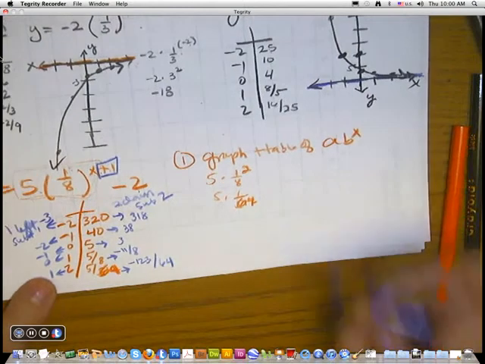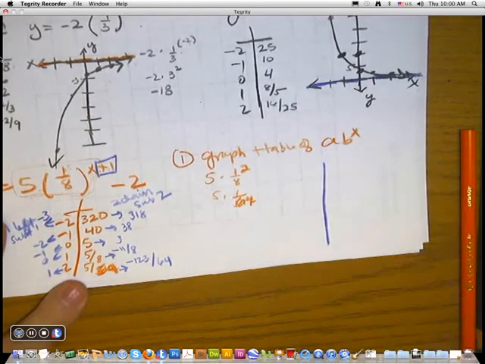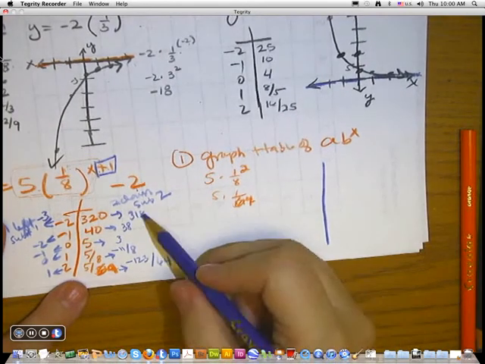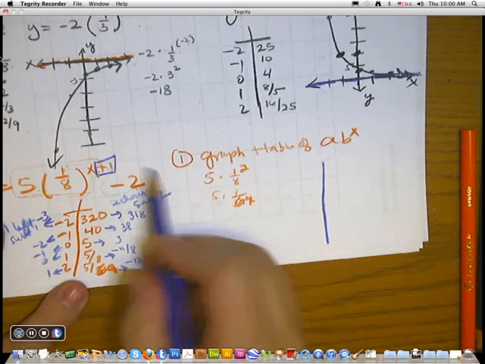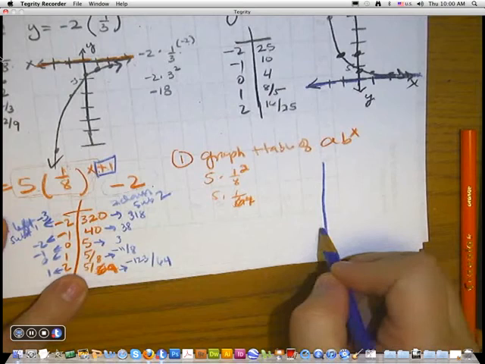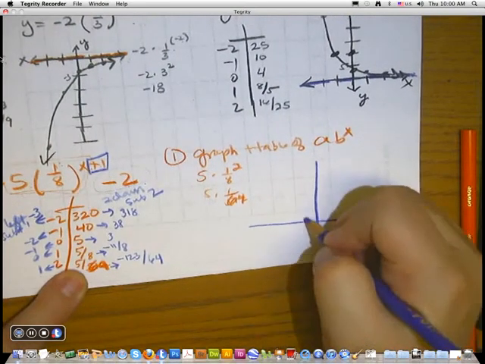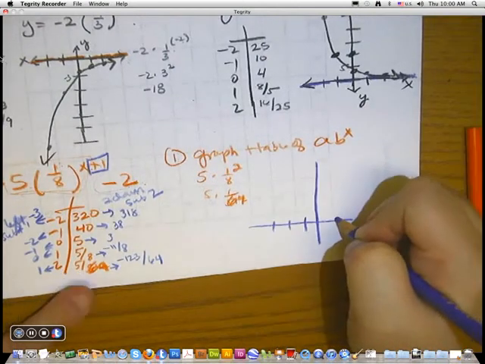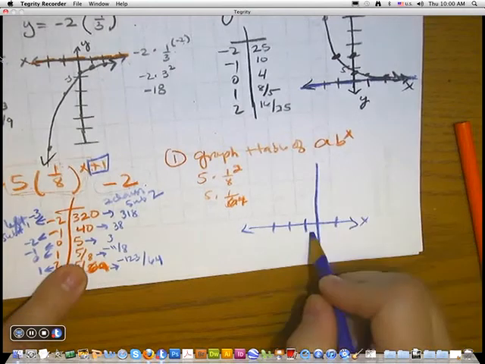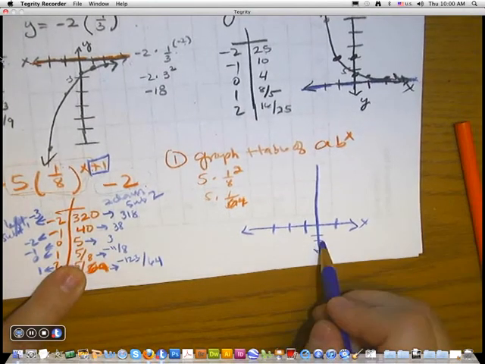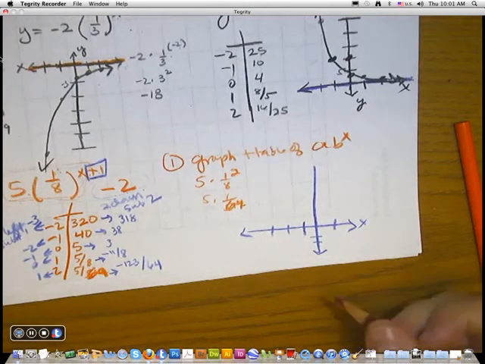Okay, plot these points. I'm going to go from -3 to 1 on my x-axis, and on my y I'm going from a really big number to just above the asymptote at -2 on my y-axis. So I'm going to make arrows. But I don't want to go by ones.